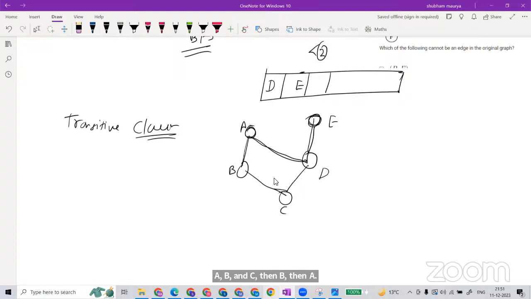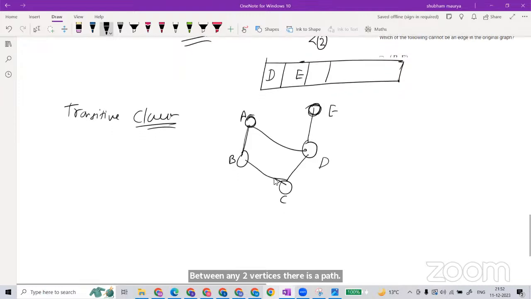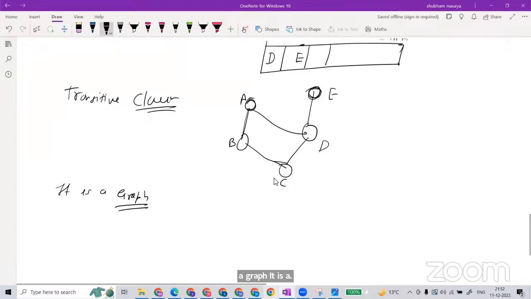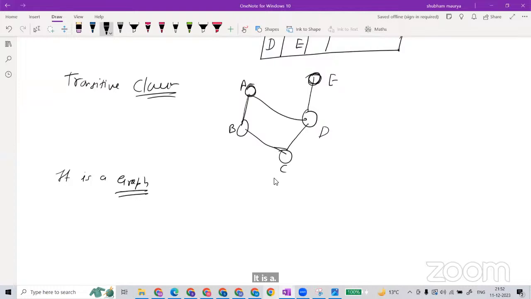So what is the meaning of transitive closure? If between any two vertices there is a path, then transitive closure is a graph with the same vertices.